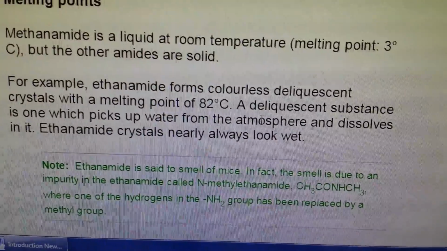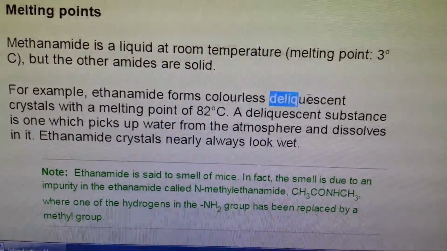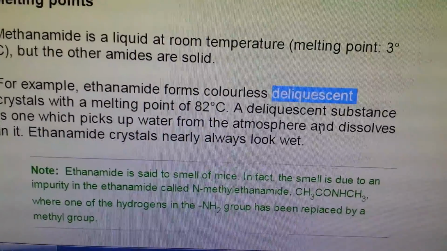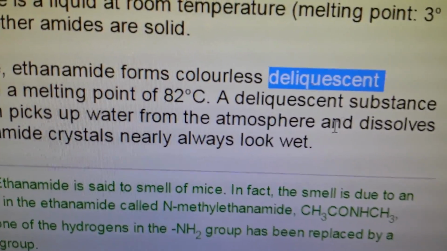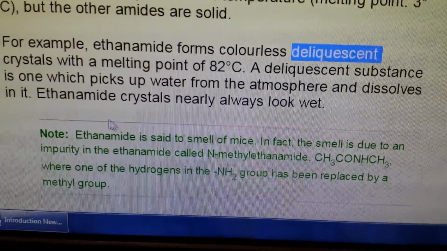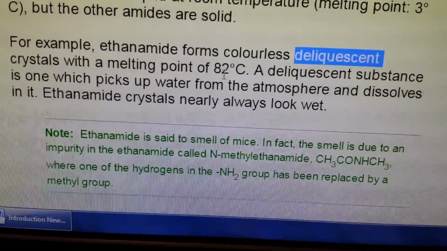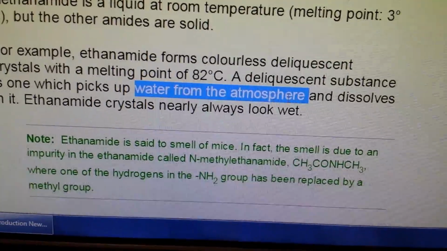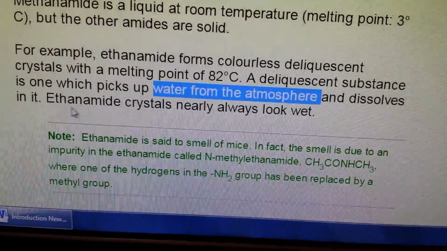So the word we use is deliquescent. Ethanamide is the deliquescent guy. It picks up water from the atmosphere and dissolves.